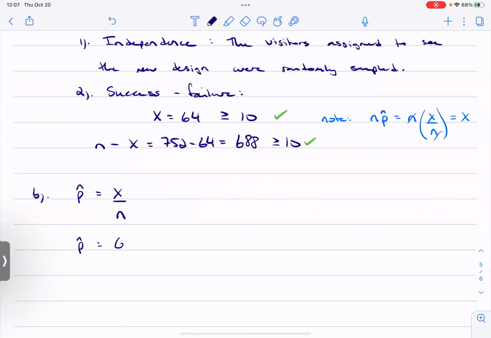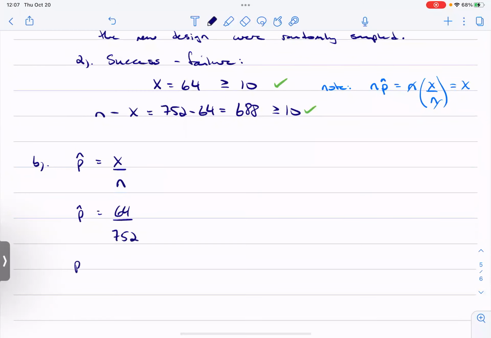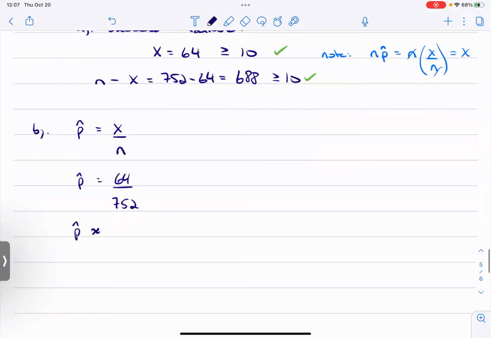So p hat is 64 over 752, which is .0851, I'll round to 4 decimal places.